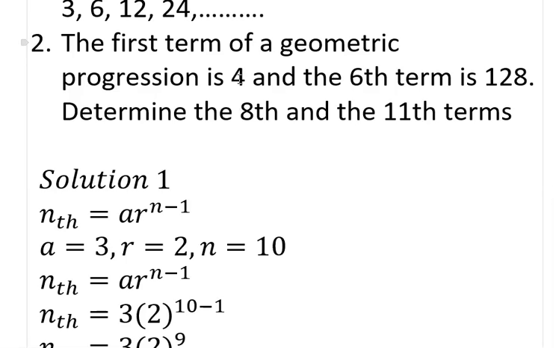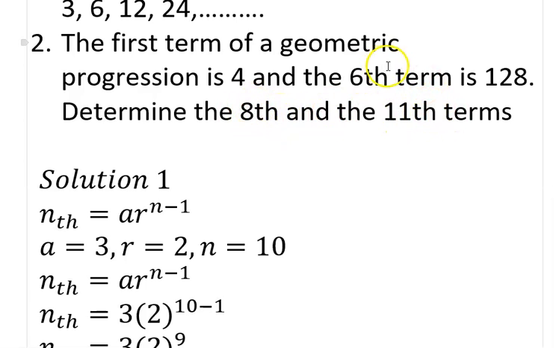You have been given your first term, which is 4. You have been given your n to be 6. You have been given your nth term to be 128. But you are not given your common ratio. So you use all this value to get your common ratio. Once you're able to get your common ratio, you can now answer the question. They say you should determine the 8th term and you should determine the 11th term.